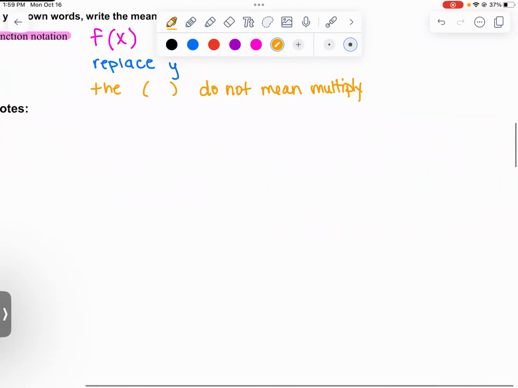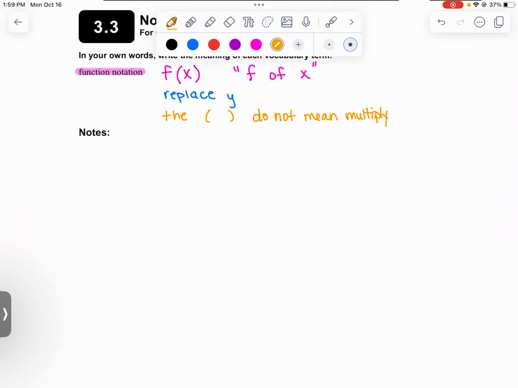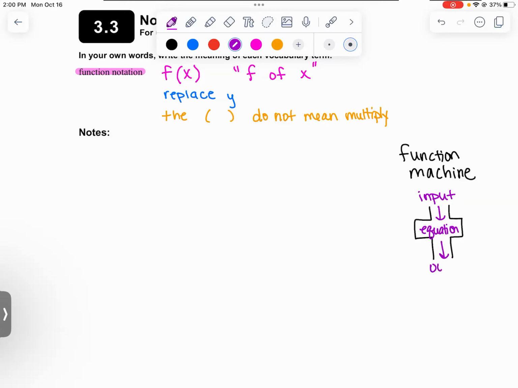Okay. So a function is a machine where we're going to put in our input into the equation and we're going to get out an output.